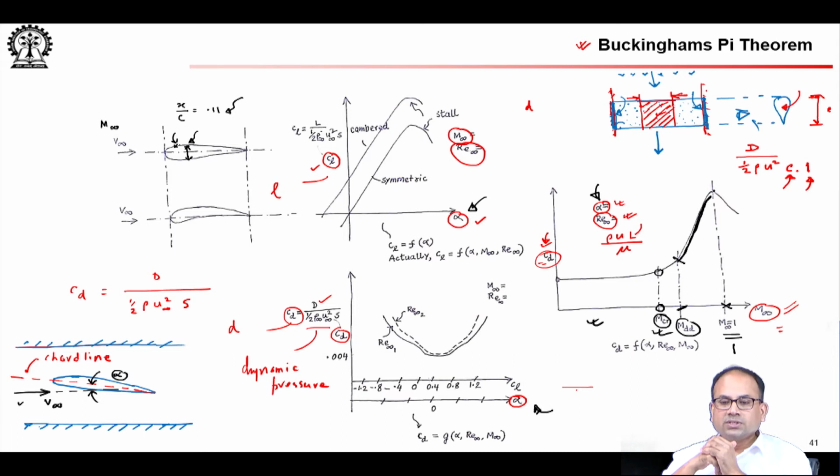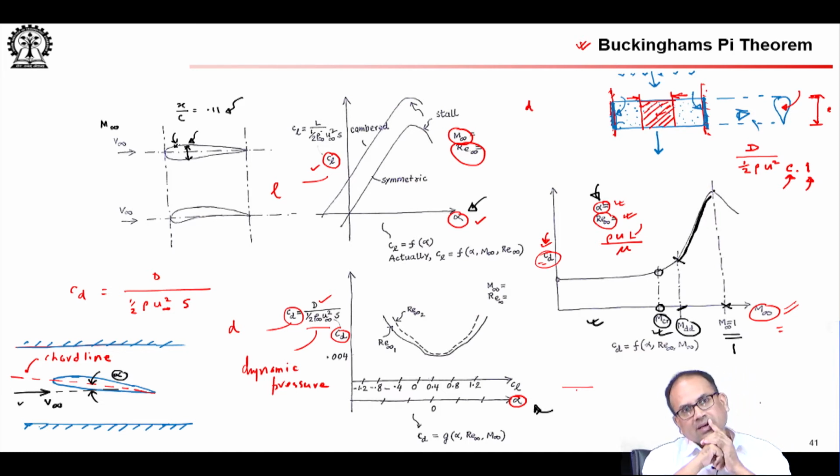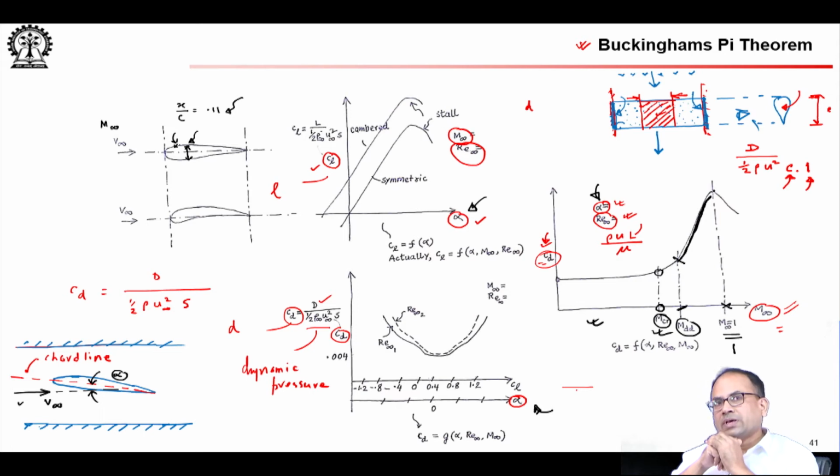You see that your CD is growing at a very steep rate, and in fact, there is a way to show that it scales with 1 by square root of 1 minus M infinity squared.